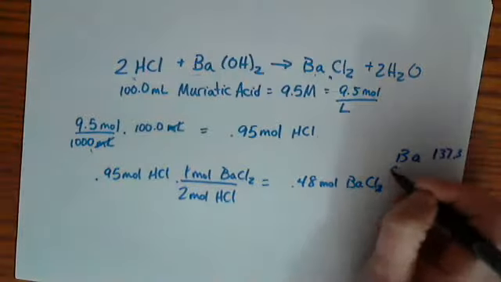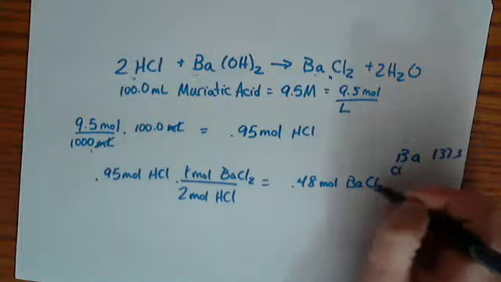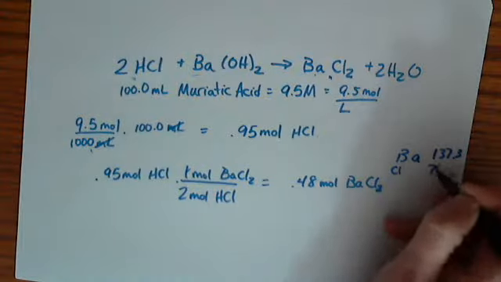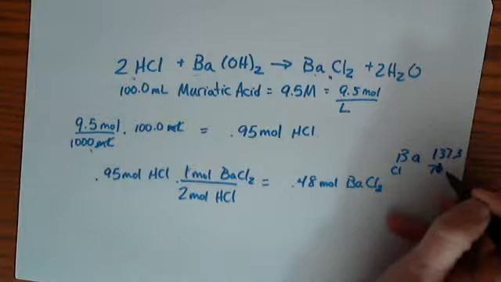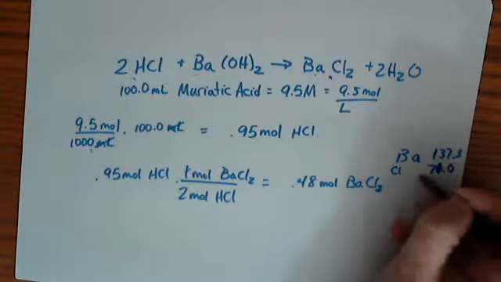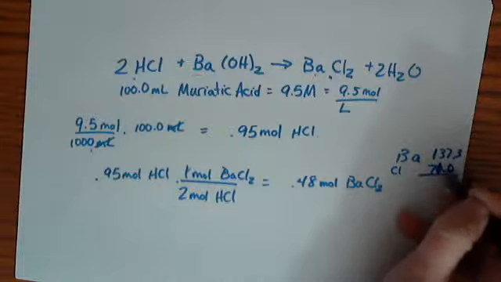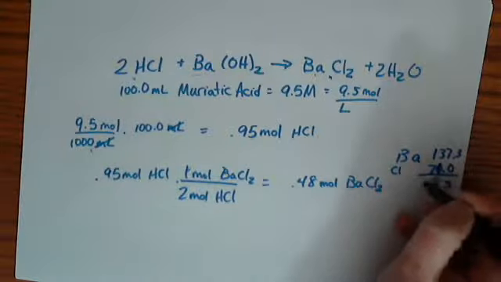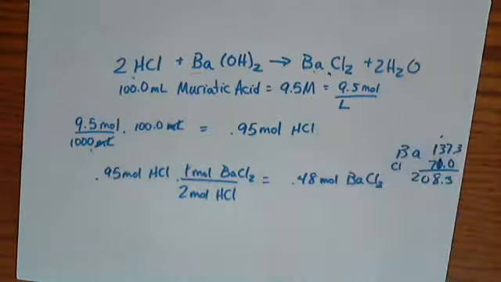So chloride is 35.5, but I've got 2 of them, so that's going to be 71. And when I add those together, 7 and 1 is 8, 10. Yeah, mass of that molecule is going to be 208.3.